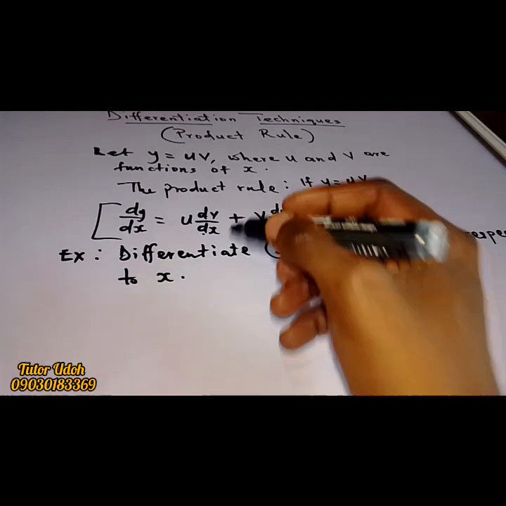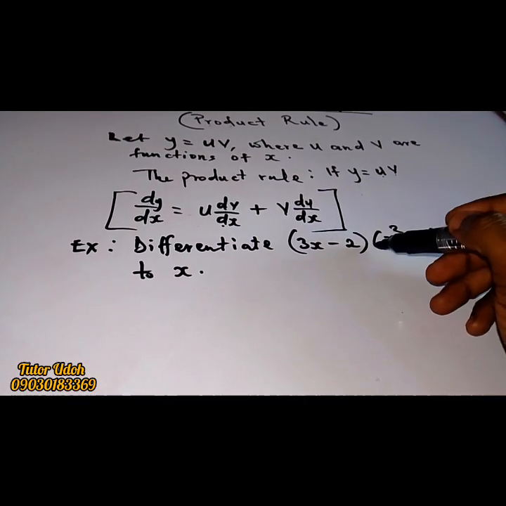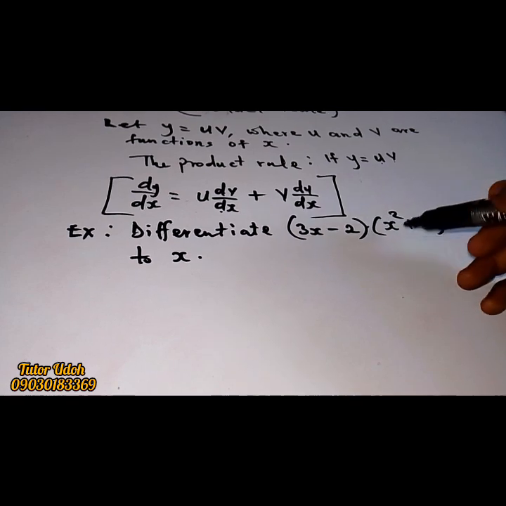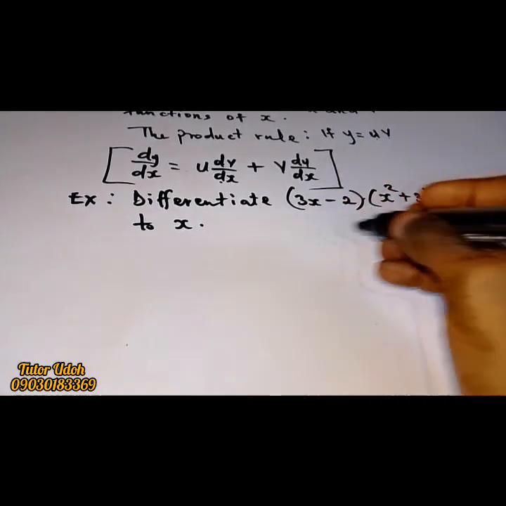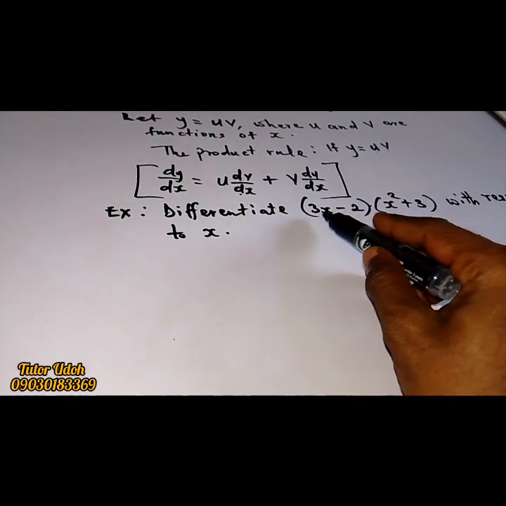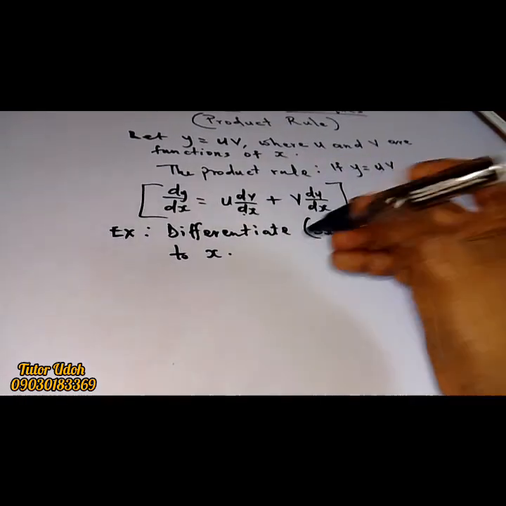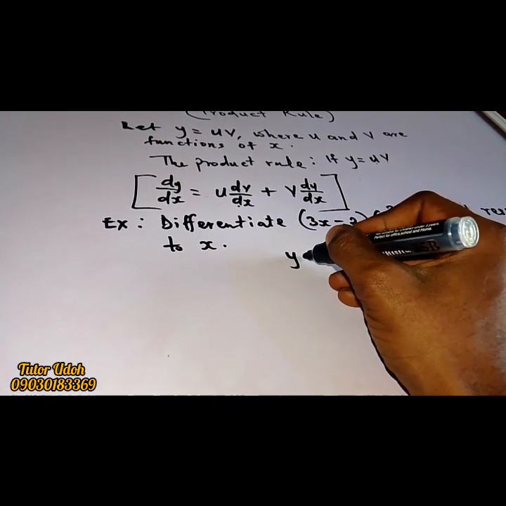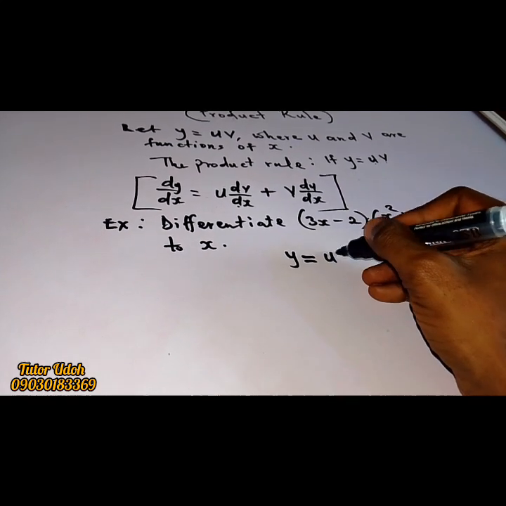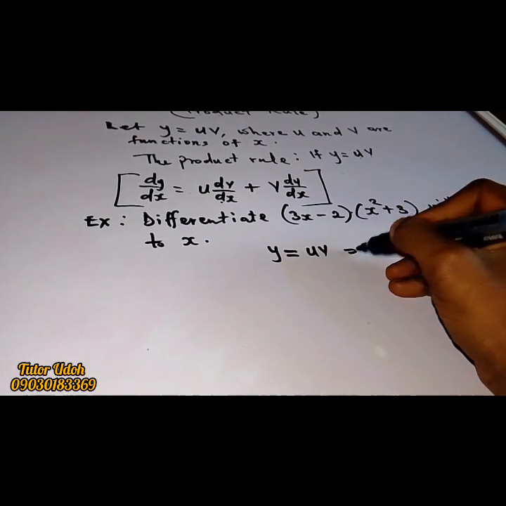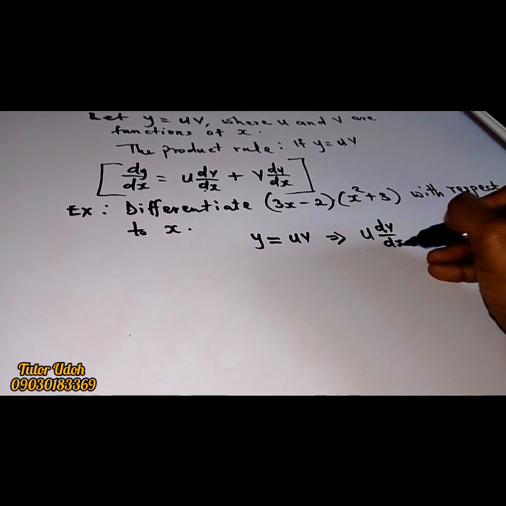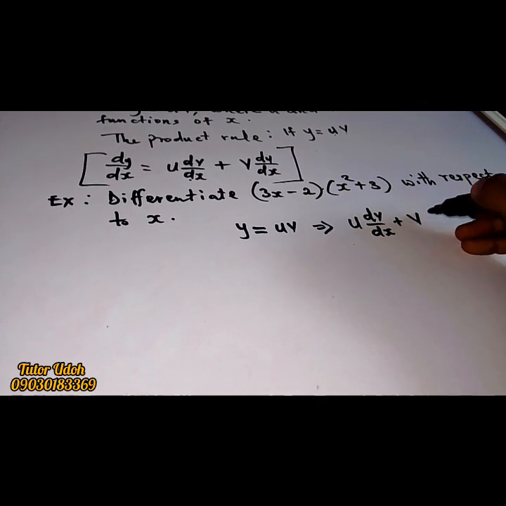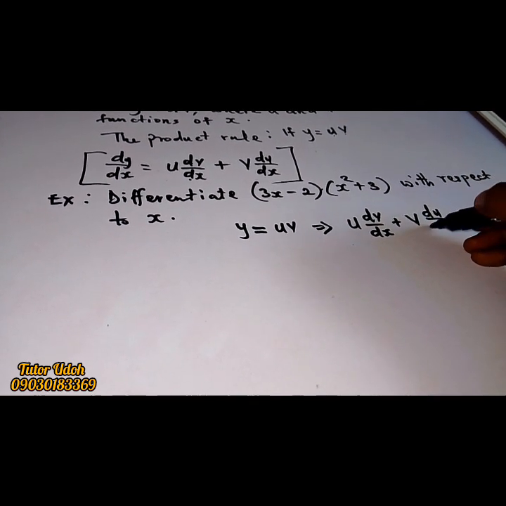So now what techniques are we going to apply here? Definitely we are going to apply the product rule, because bracket means times, product. So for us to solve this, we are going to take the first bracket to be u. You know, the product rule states that if we have y equal to uv, then we are going to have u times dv/dx plus v times du/dx.